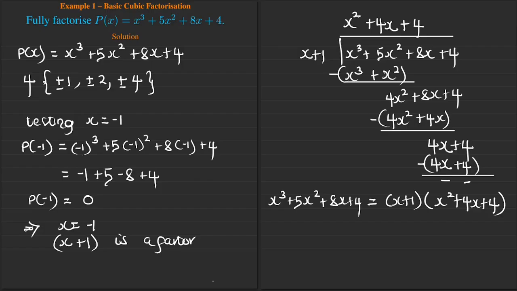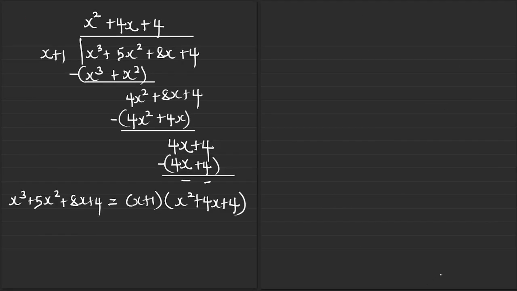You realize that this we have here is a quadratic function, hence we need to factorize it as well, so that we have x squared plus 4x and then plus 4. For the quadratic, we know our a is 1, so the factor pairs of 4 that when we add, we'll get 4 is what? 2 and 2.